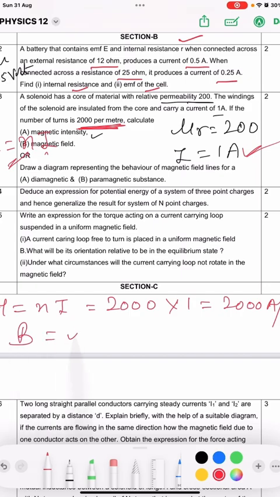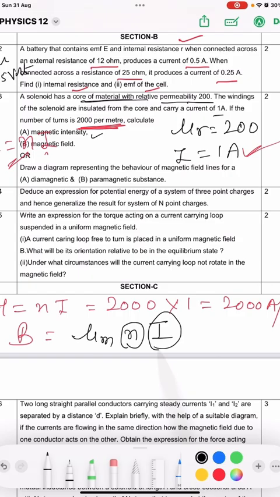Second part, magnetic field. See, magnetic field with air inside the solenoid is mu naught Ni. But if you are putting some material, like they have used core of material, so you have to write mu material. In place of air's permeability, you have to take the material's permeability. So mu m n I. Number of turns per unit length have been given.